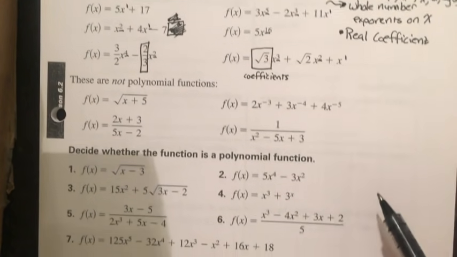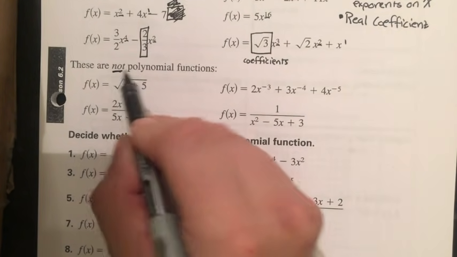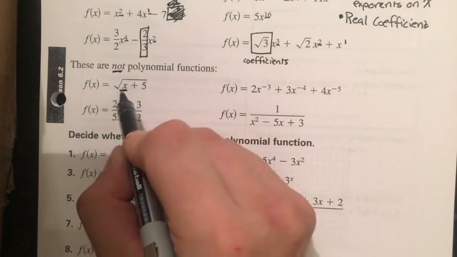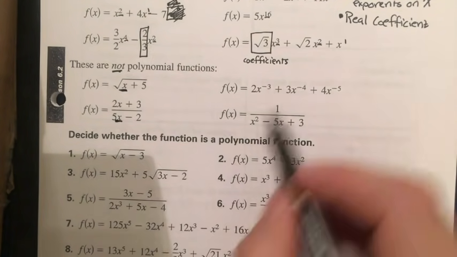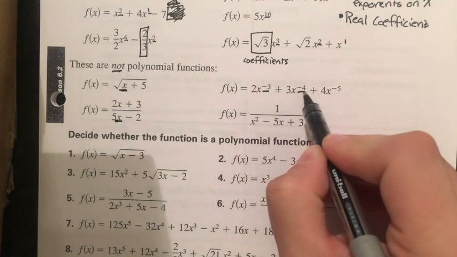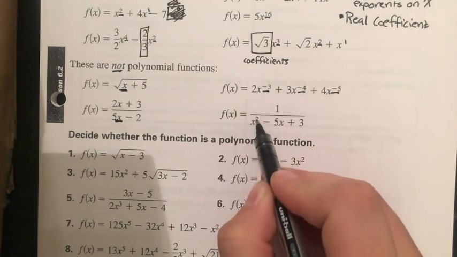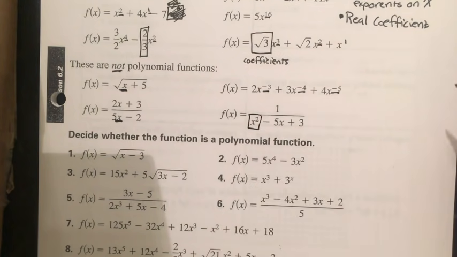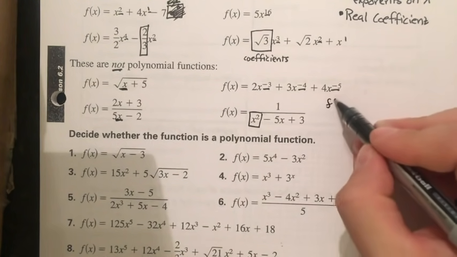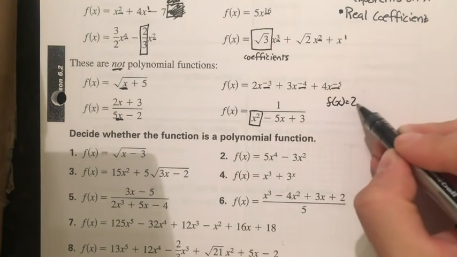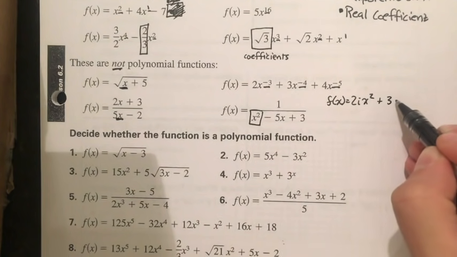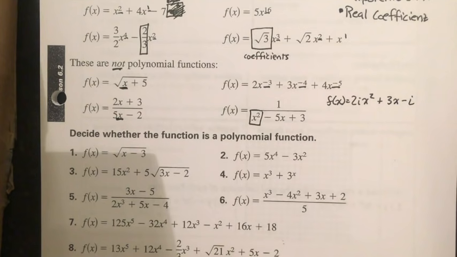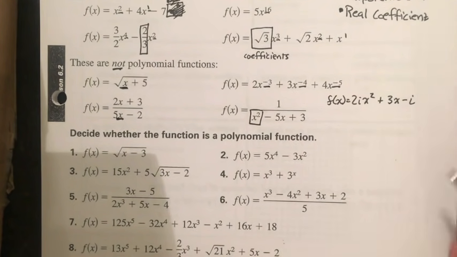And if you look at what is not a polynomial function, you'll see x is under a square root, you'll see x is in a denominator, you'll see negative exponents, and you'll see more x's in a denominator. Unfortunately, the only thing that they don't show us is that something like 2i x squared plus 3x minus i is also not a polynomial.